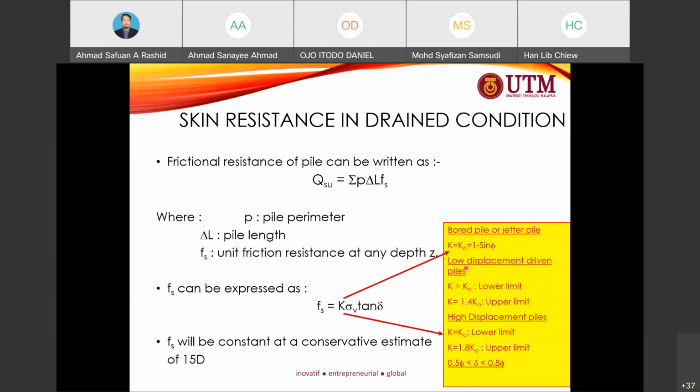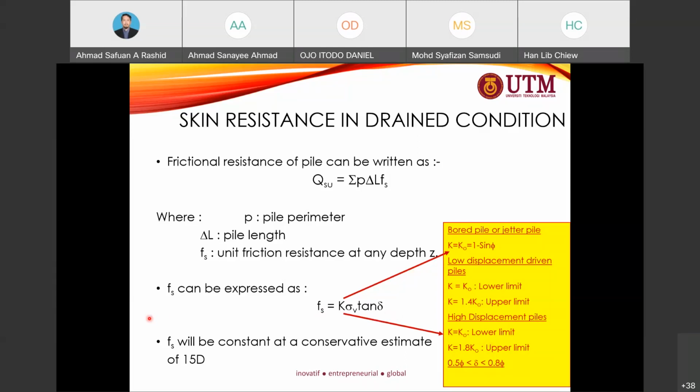For the driven pile, it depends on the method of installation. If it is low displacement, we use this K value. If it is high displacement, we should switch to this value. It depends on the description of the installation to consider either low or high.